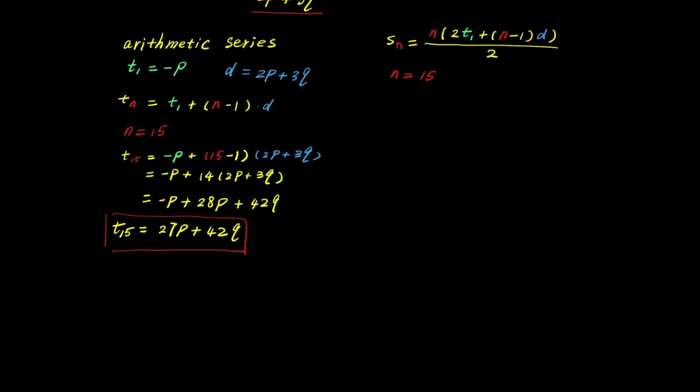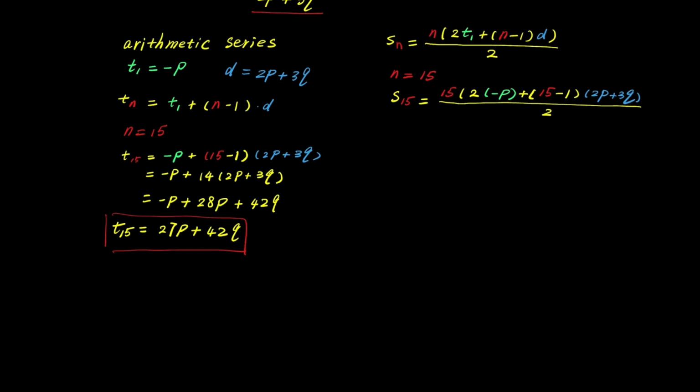Then let's substitute the values. S15 equals 15 times (2 times t1, where t1 is actually minus p, plus, again, (15 minus 1) times d, where d is 2p plus 3q), then divided by 2.